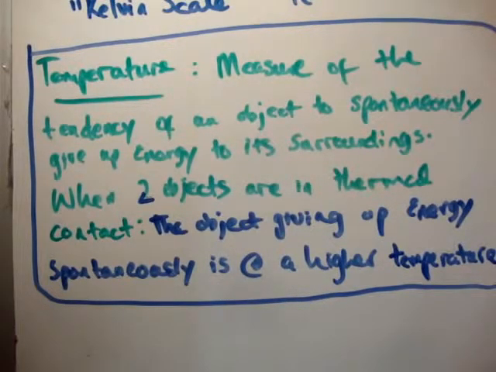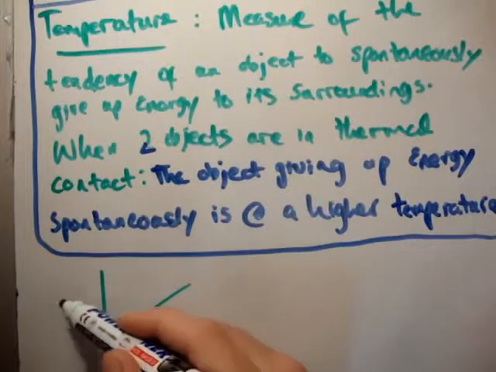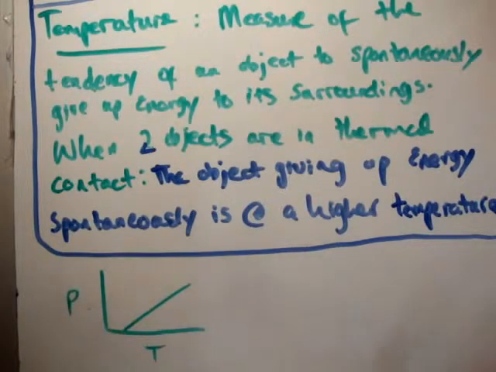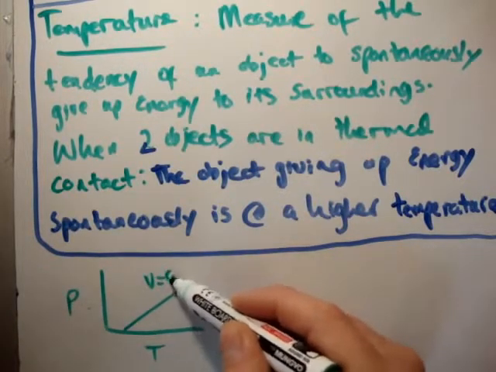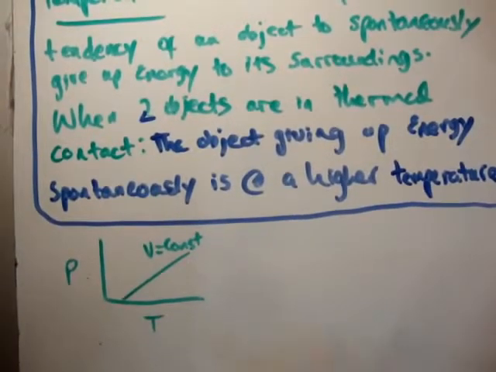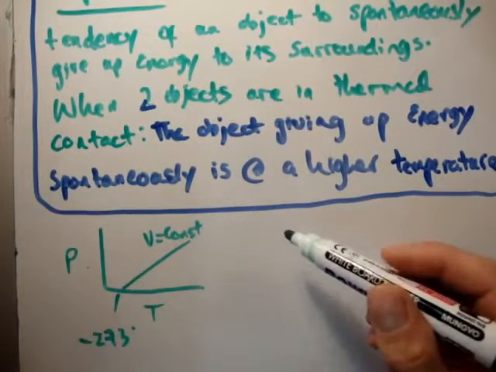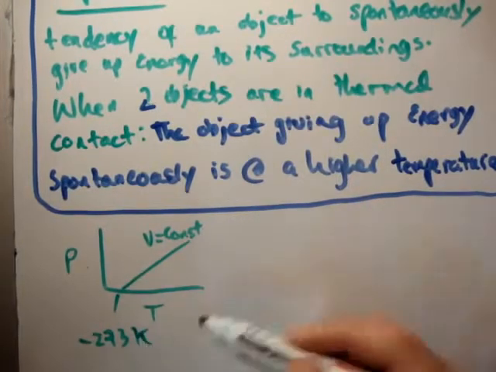Now the Kelvin scale is as follows. When we look at compressing gases, all right. So if we look at changing, we'll say, pressure and temperature of a gas, and we keep the volume constant, we find that the pressure goes to 0 at minus 273 degrees Celsius.